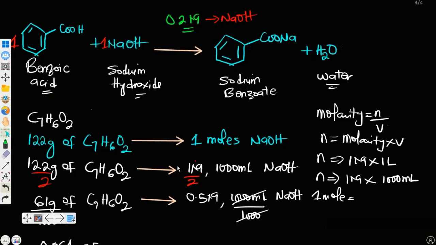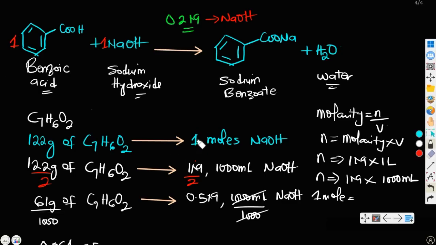So what we are going to do is to make sure we convert this 1 mole to what? 0.2. And the only way to do that is by dividing this 1 mole by what? By 5. Because if you divide 1 by 5, it's going to give us 0.2.